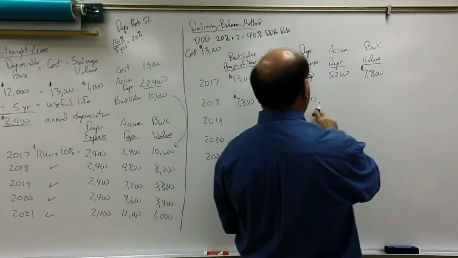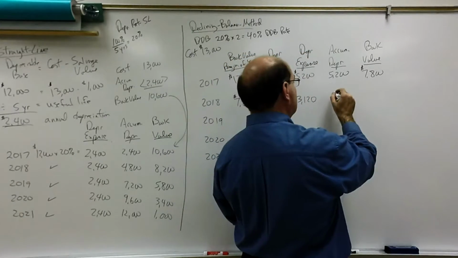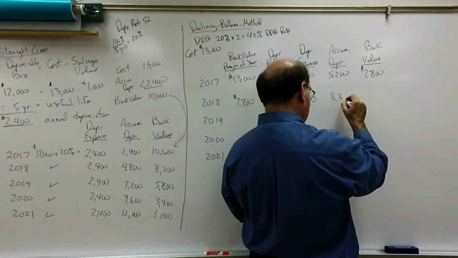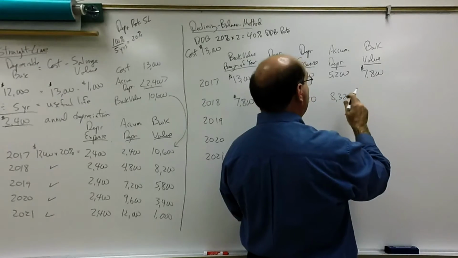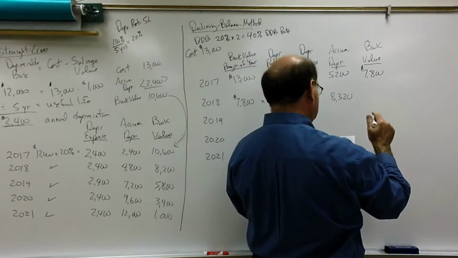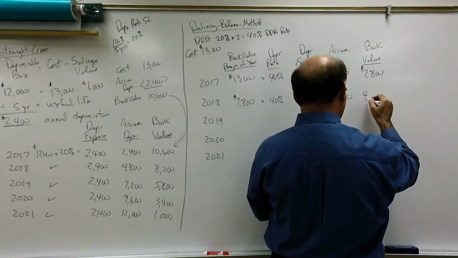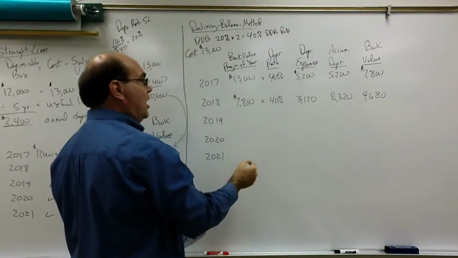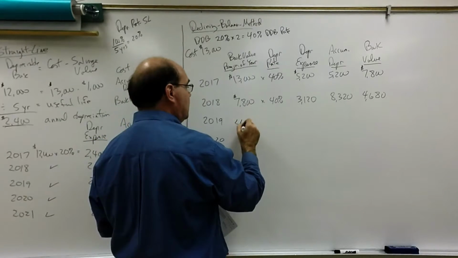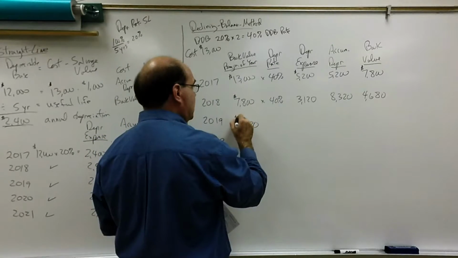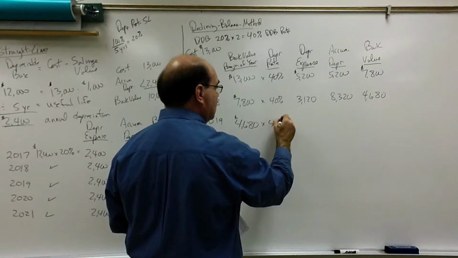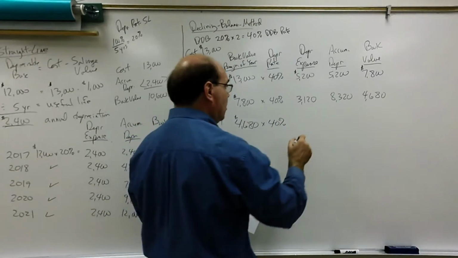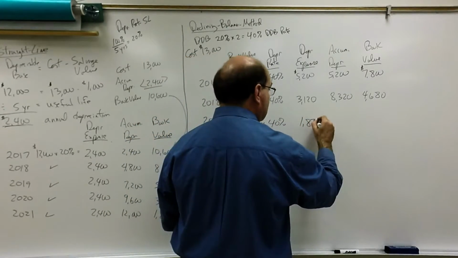The $3,120 gets added to the accumulated depreciation, so now we have $8,320. That's subtracted from the cost of 13 and gives us a book value of $4,680. And now we bring that ending book value over, and that becomes our calculation for the next year. We take that times 40%, and now our depreciation has fallen all the way to $1,872.